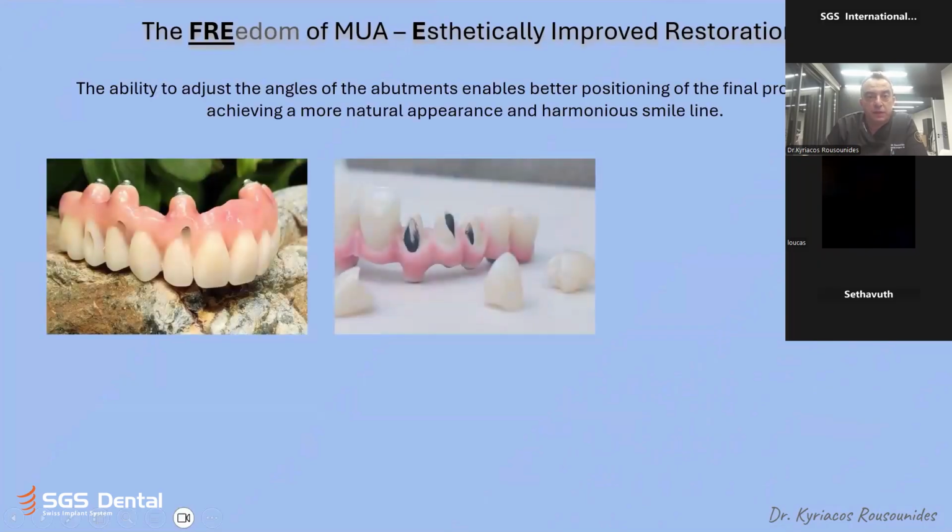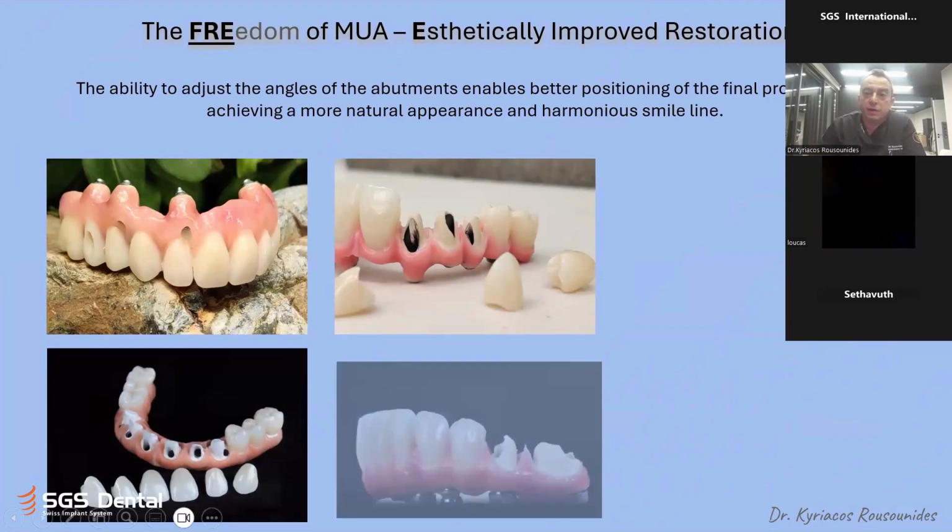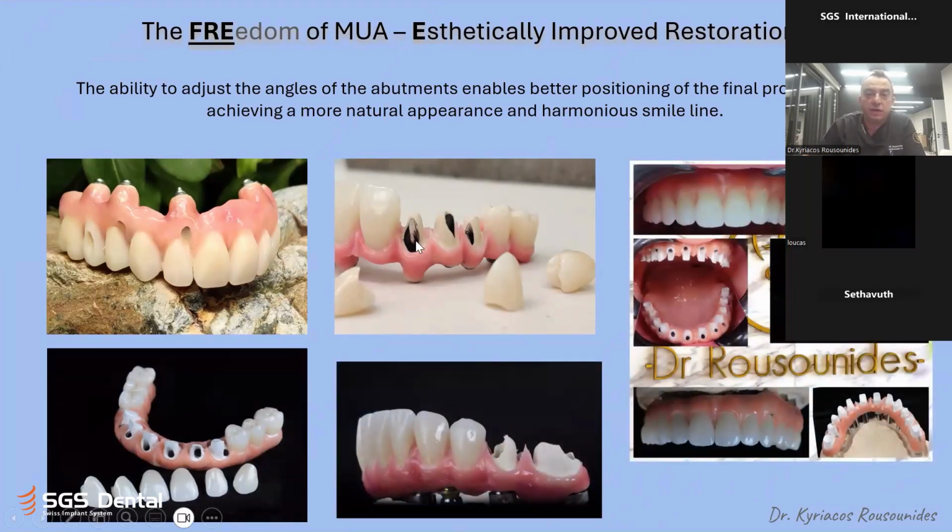So these are some cases of how we try to achieve the aesthetics before. Here we had some old cases with angulated implants, with implants that were on abutments or screwed prosthetic parts that we had to improvise and find solutions for, so we had a better aesthetic result.